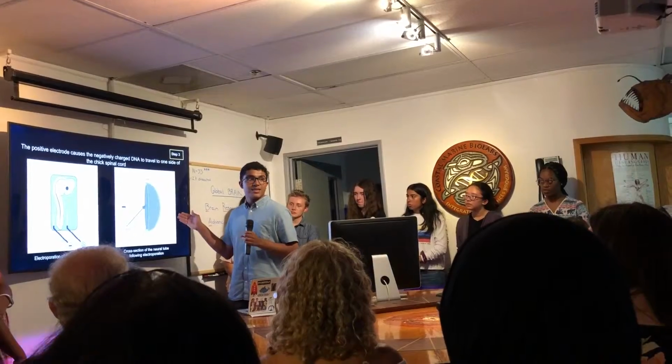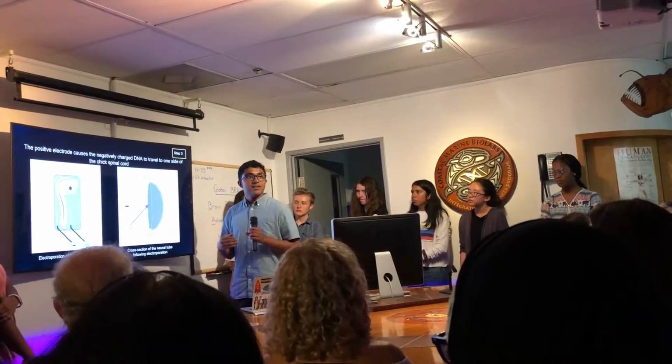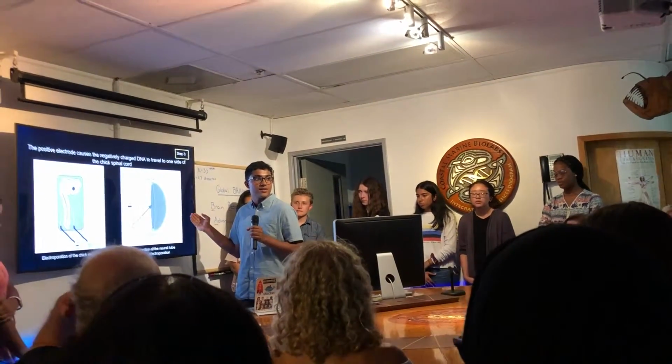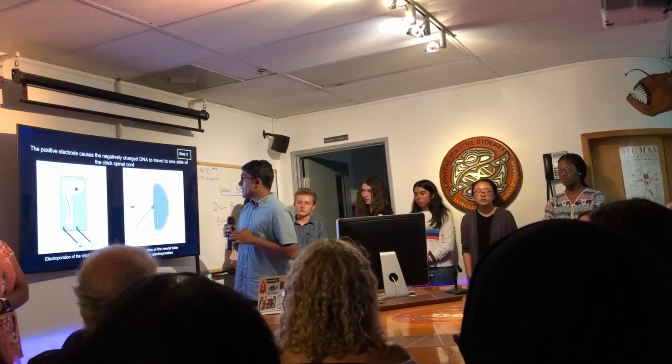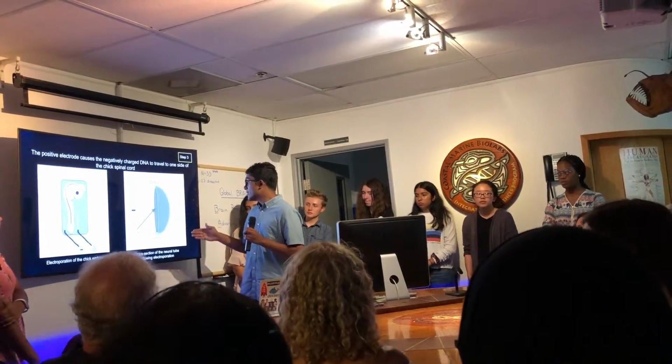Because we're using a positive electrode, once we introduce these small electrical pulses, the DNA is going to be attracted towards the cells nearest the positive electrode. So it is going to move from the lumen into these cells nearest the positive electrode.